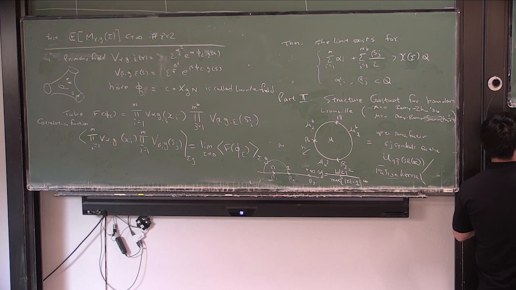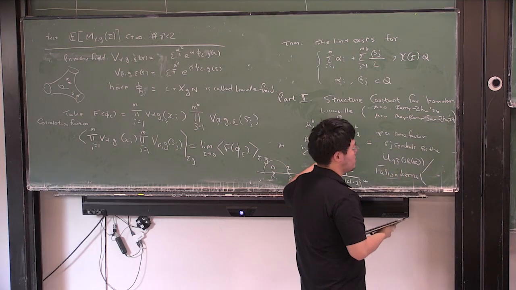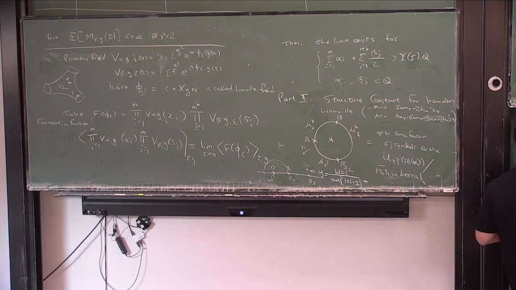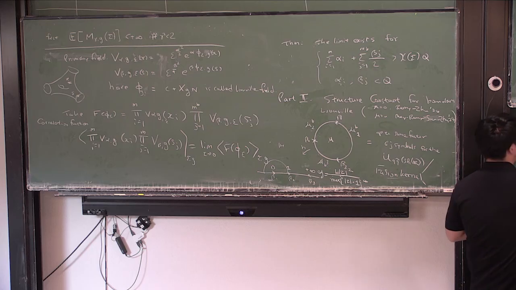This is still in part 2. There is another structure constant. You have one bulk insertion and one boundary insertion. For the bulk insertion we usually use the notation alpha, and for the boundary insertion we use the notation beta. And the cosmological constant over here we put is mu b.